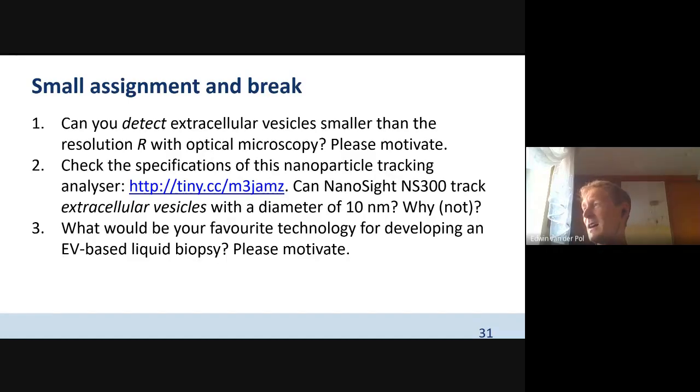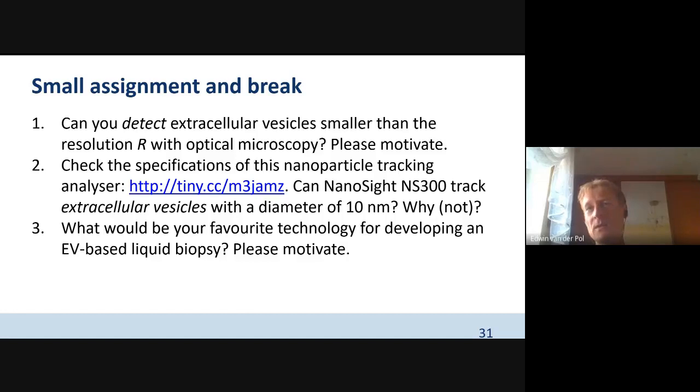Let's just take some plastic material. Polystyrene is used a lot to make nanoparticles. You can buy calibration particles of polystyrene. Polystyrene has a refractive index of 1.6 at visible wavelengths, roughly.